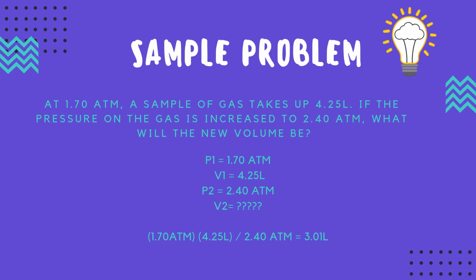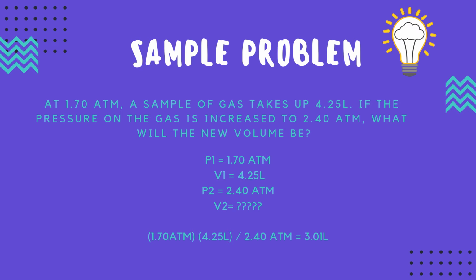So as we said before, there's a change that takes place. We have the before pressure, which is 1.70 atmospheric pressure, and the before volume, which is 4.25 liters. Then, we have the second pressure after the change, which is 2.40 atmospheric pressure. We don't have the volume, so it's going to be V2 that we're going to be solving for.